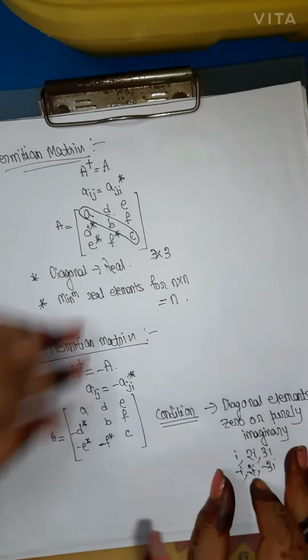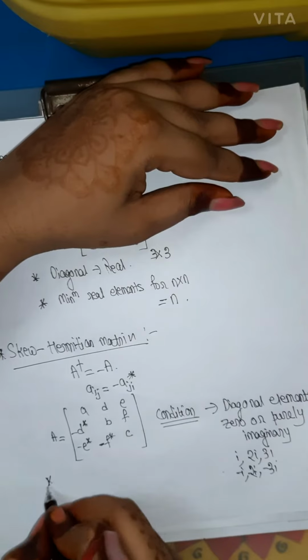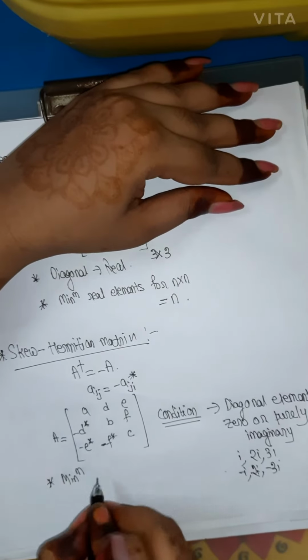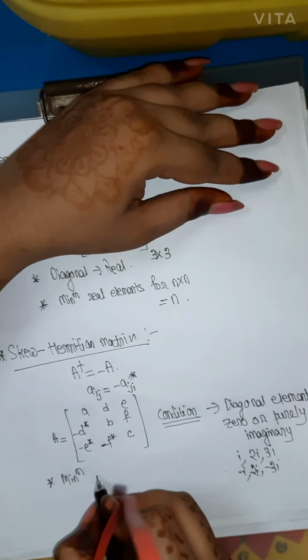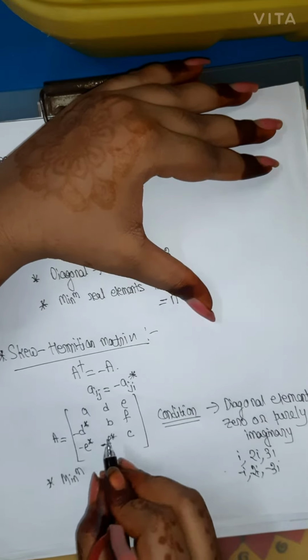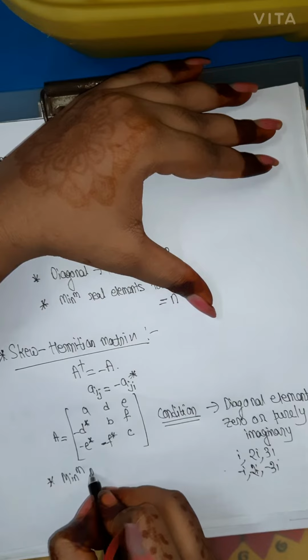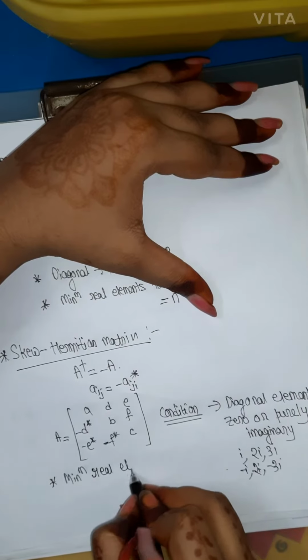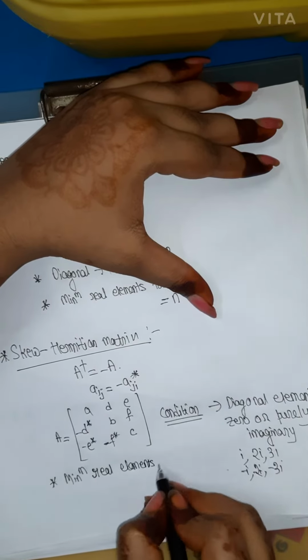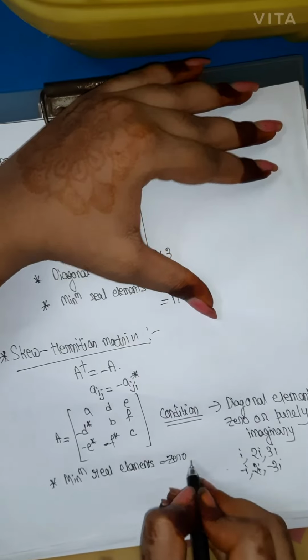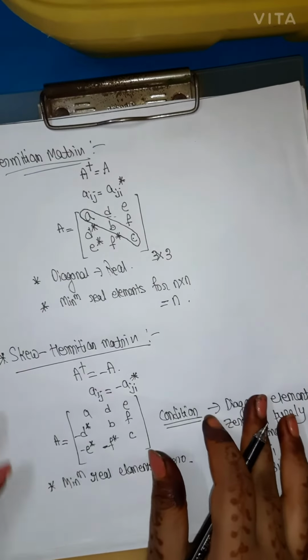And here, for the minimum number of real elements, there is no necessary condition that a real element must be present in a skew Hermitian matrix. So the minimum number of real elements is 0. That is not necessary, it can have, but minimum means it is not necessary.